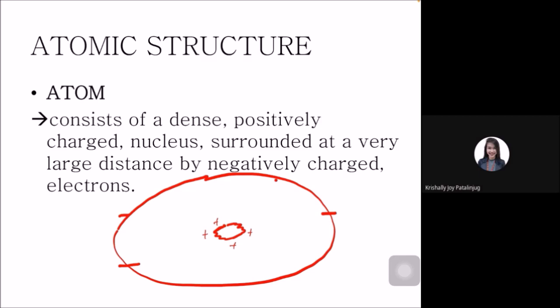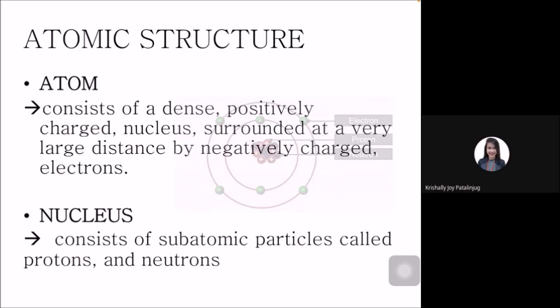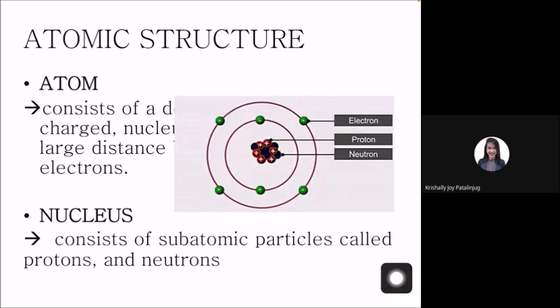Alright? So if you try to observe the representation here, if that is a representation of an atom of any element, as you can see, the electrons are found on the outside or at a larger distance from its nucleus.